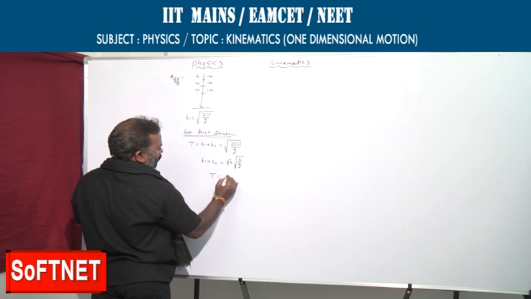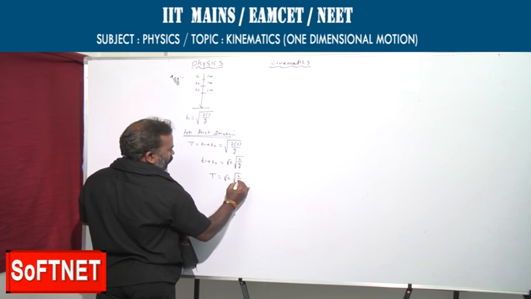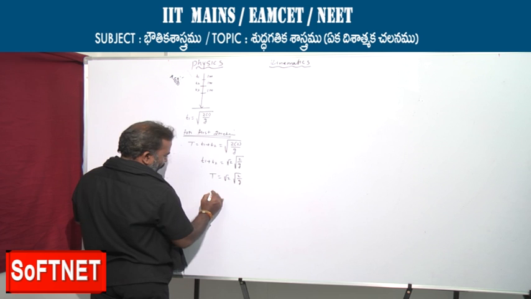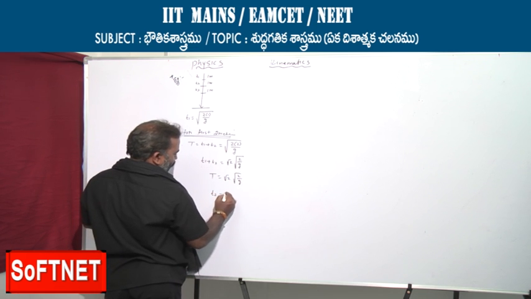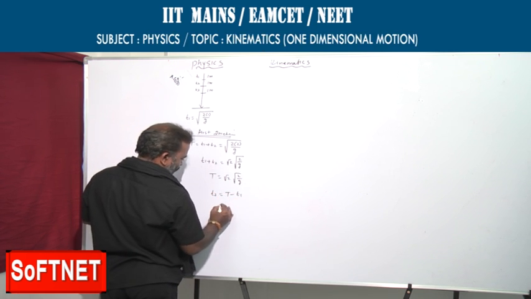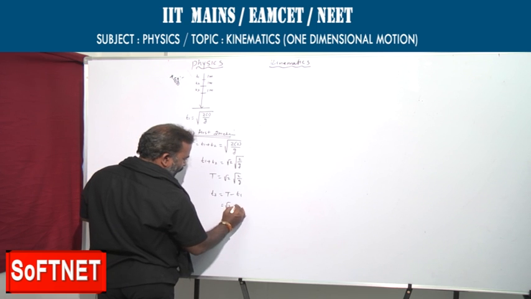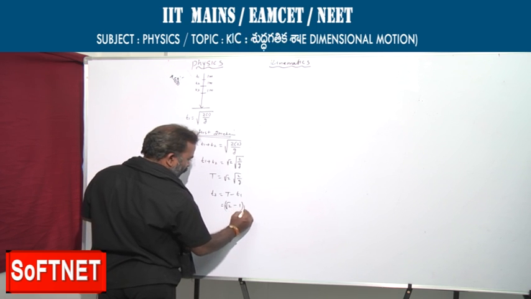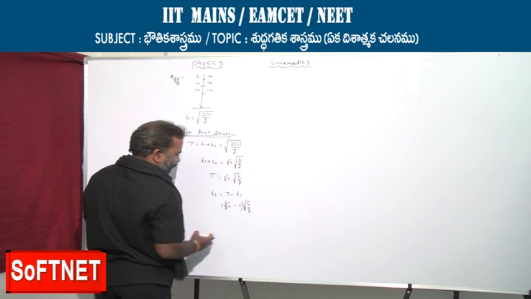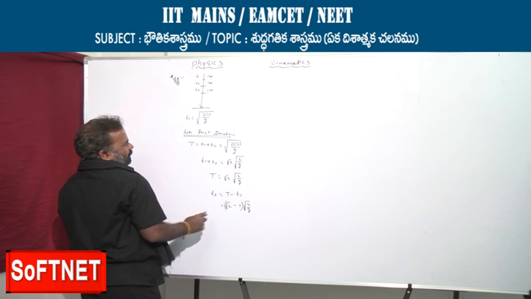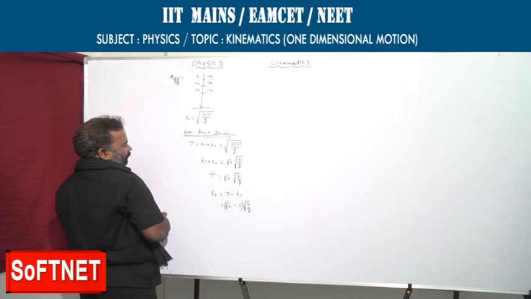Capital T is equal to root 2 into root of 2 by g. So from here, what is t2? t2 is equal to capital T minus T1. So root 2 minus 1 into root of 2 by g. This is the time for second 1 meter.